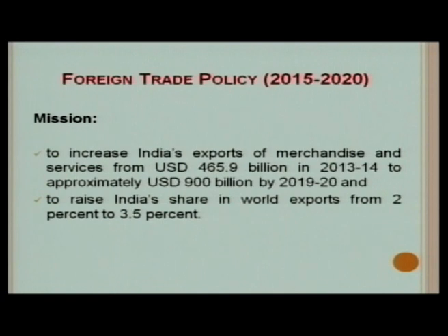And the mission of FTP 2015-20 is to increase India's export of merchandise and services from USD 465.9 billion in 2013-14 to approximately 900 billion US dollar by 2019-20, and to raise India's share in world export from 2% which is currently to 3.5% in 2020.